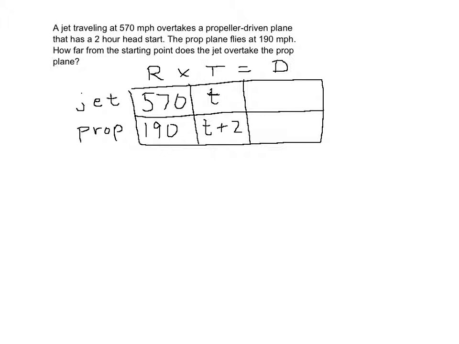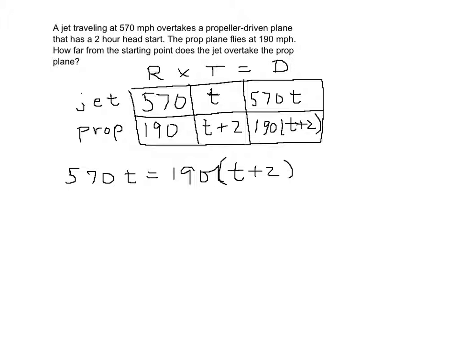So now the distances that we get are 570t and 190 times t plus 2. And what has to be true about those two distances? Those are the distances in which the jet has overtaken the propeller plane, which means the two distances have to be the same. So let's write that down. This expresses that the two distances are the same.